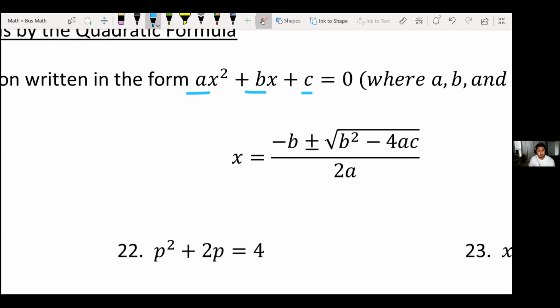Okay, so since you're business majors, you don't have to worry at all where this came from. But if you do, I can make a video about that for you. For now, this is just a formula where you plug in the constants A, B, and C. Okay, so x equals negative b plus or minus the square root of b squared minus 4ac all over 2a. All right, cool. So let's take a peek at how to use this.